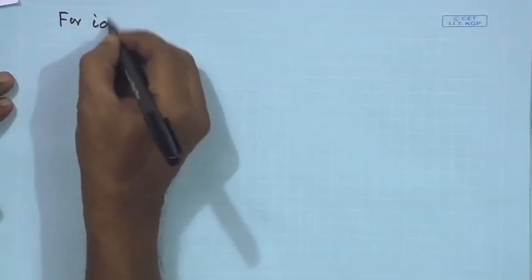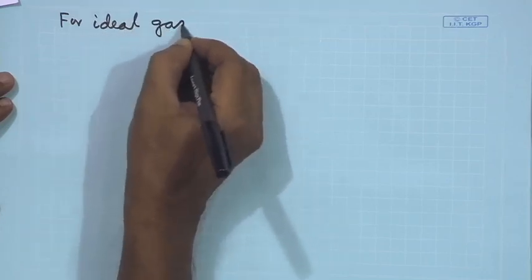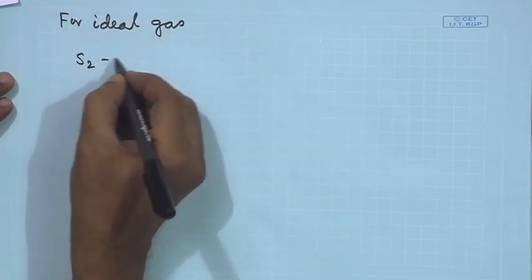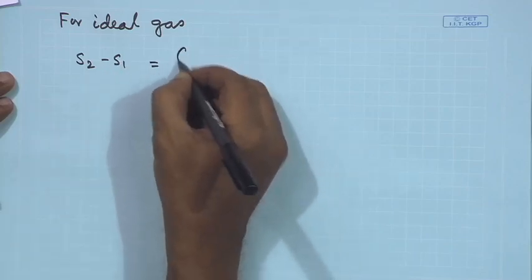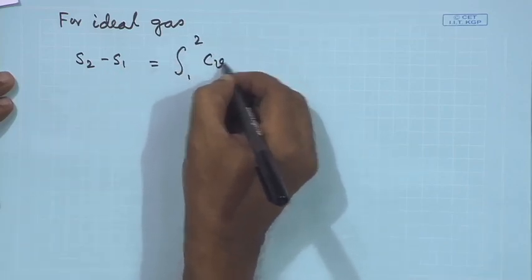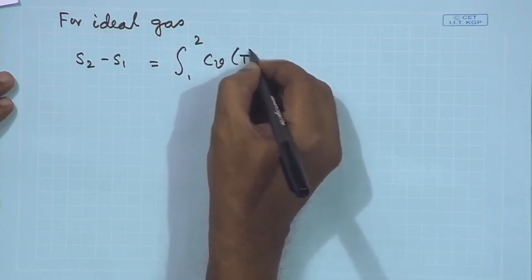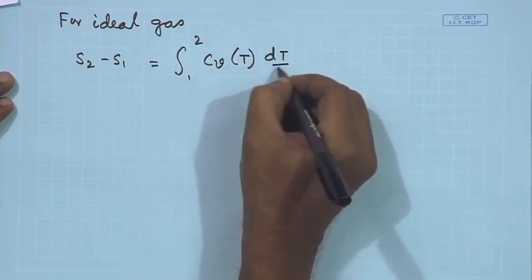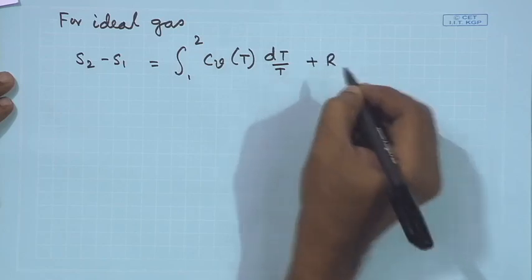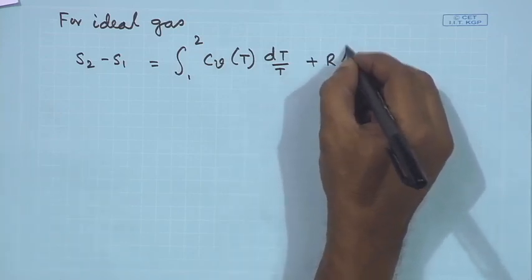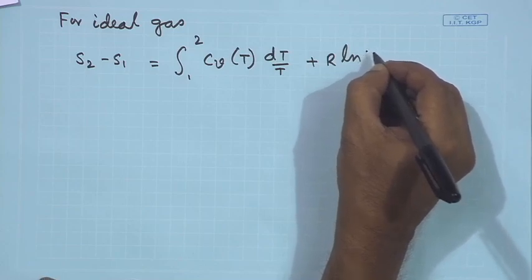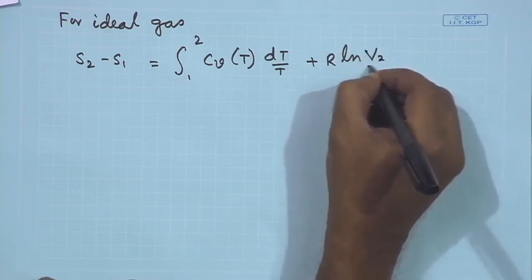Similarly, for ideal gas, S2 minus S1 is equal to integral from 1 to 2 of Cv, which is a function of T, dT by T, plus R, that is your gas constant, ln V2 by V1.